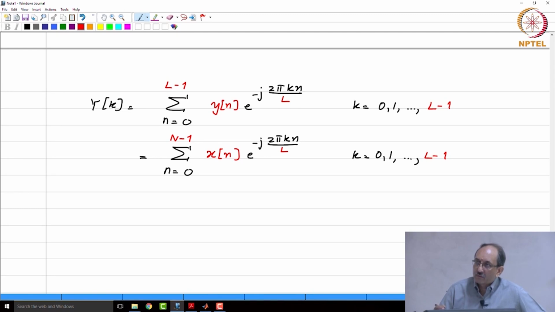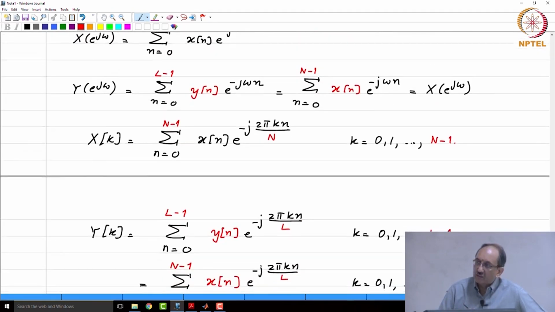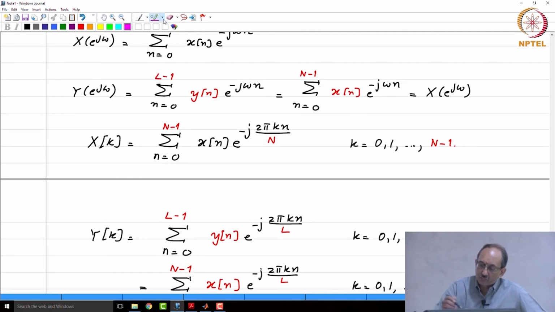Again what this gives you is the samples of the DTFT. Remember the DTFT is unchanged because the DTFT of both the original sequence and the 0 padded sequence are the same as it should be.